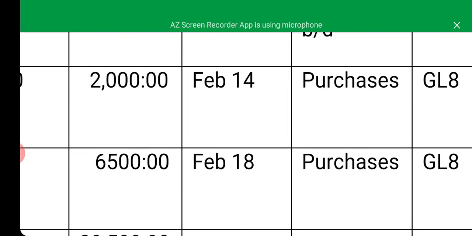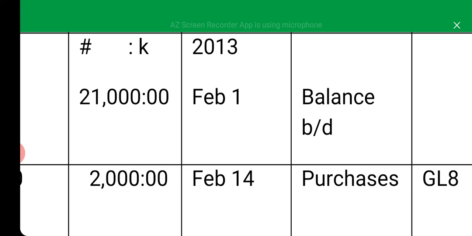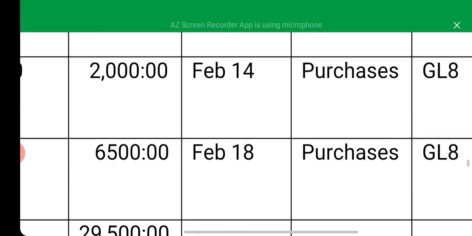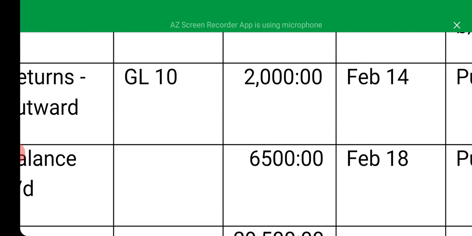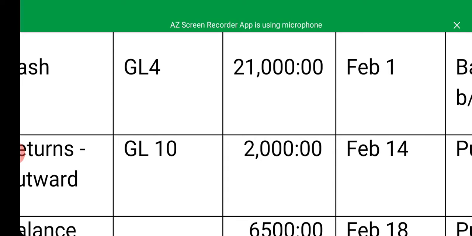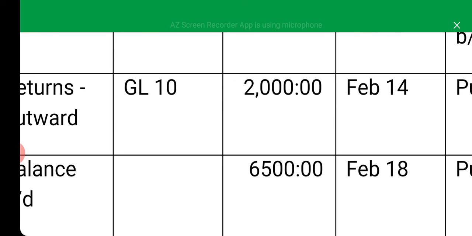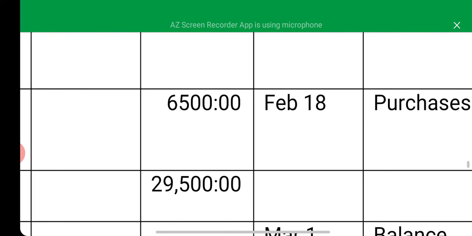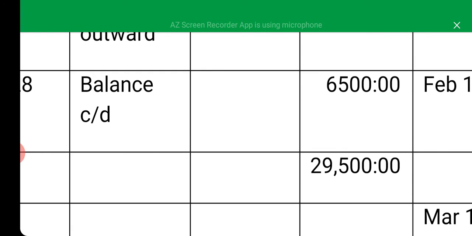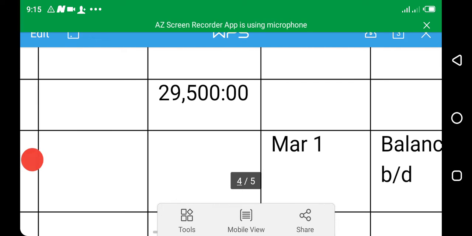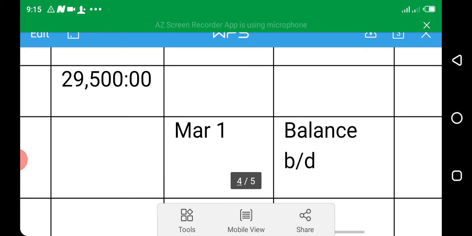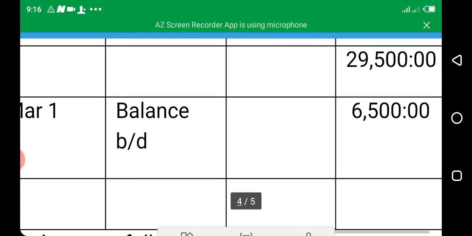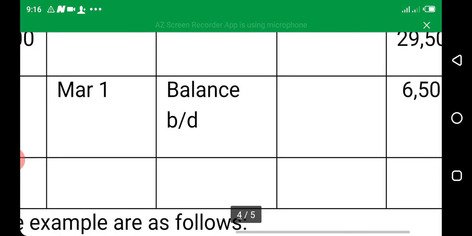Taking away the addition of 21,000 plus 2,000, which is 23,000, from 29,500 gives us 6,500, which is the balance carried down that will be taken to the next accounting period, which is March 1. The balance carried down there becomes the balance brought down of 6,500. So this will come immediately after the total.